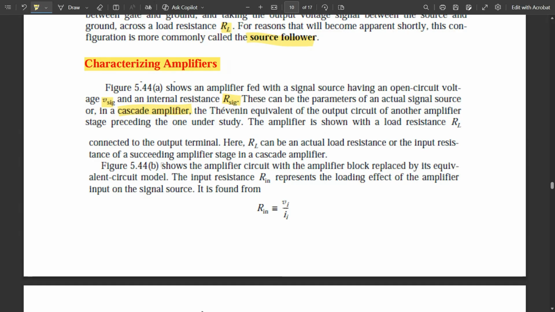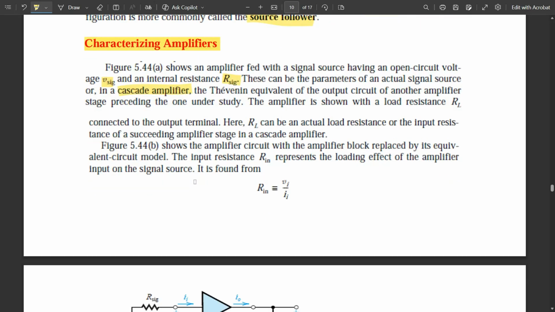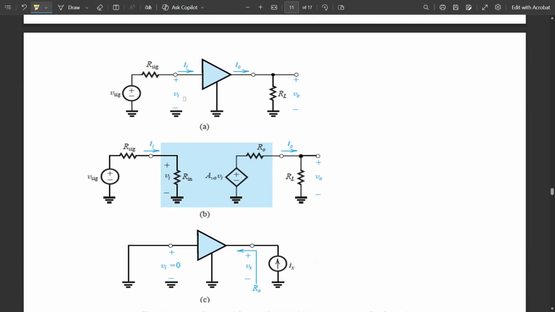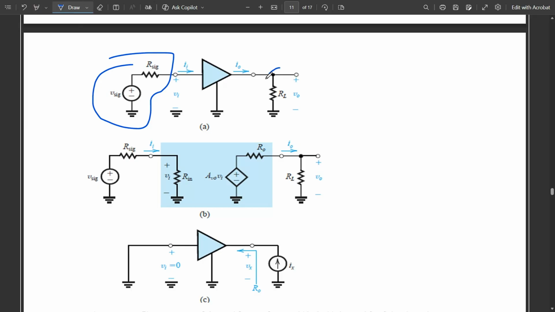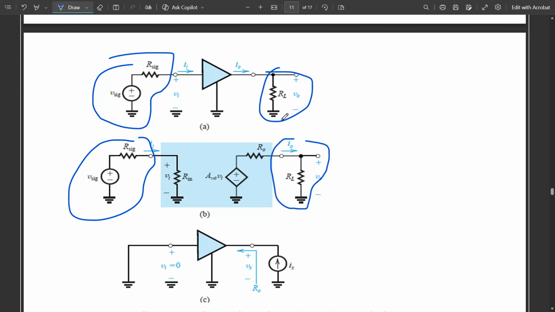Figure 5.44b shows the amplifier circuit with the amplifier block replaced by its equivalent circuit model. Here the input and output sides are kept as they are. They have not made any change; they have only changed the amplifier part and written its equivalent circuit.